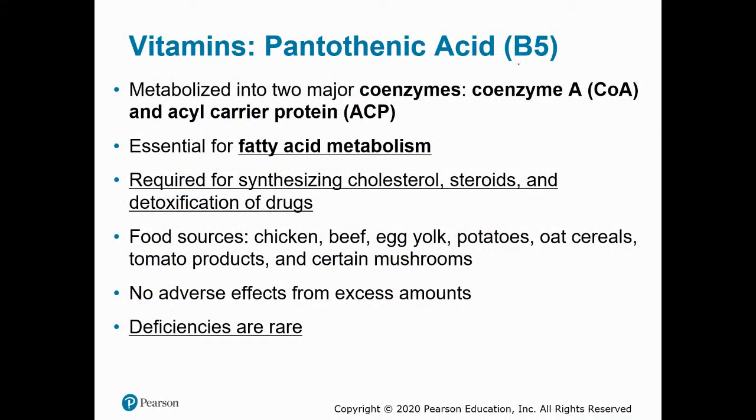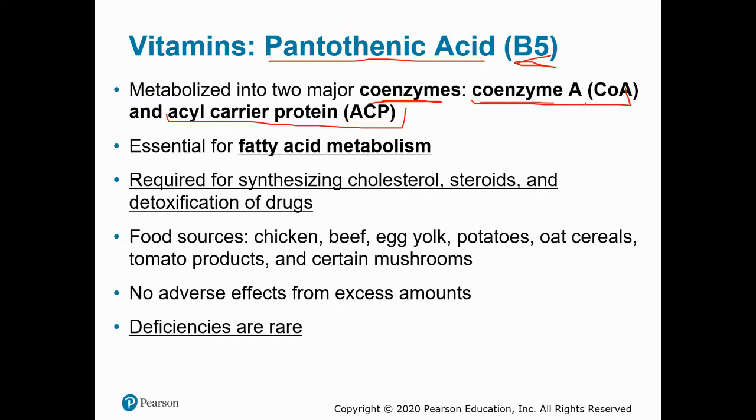Alrighty, and then we're kind of backtracking numerically a little bit here. We're going to talk about B5, also known as pantothenic acid. Pantothenic acid can be metabolized to make 2 different coenzymes. So again, coenzyme A and acyl carrier protein.